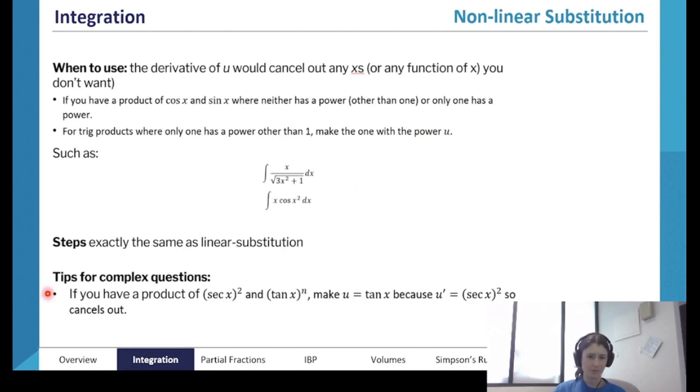Another tip on when we can use nonlinear substitution is if you have a product of sec x squared and tan x with any power, n, you can use a substitution u equals tan x because the derivative of tan x is sec x. If you haven't gotten to this kind of differential stuff yet in Specialist, don't stress too much.